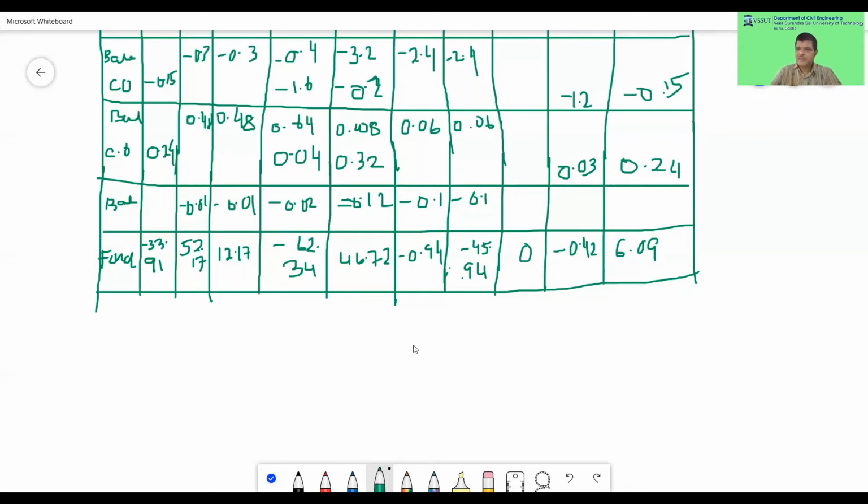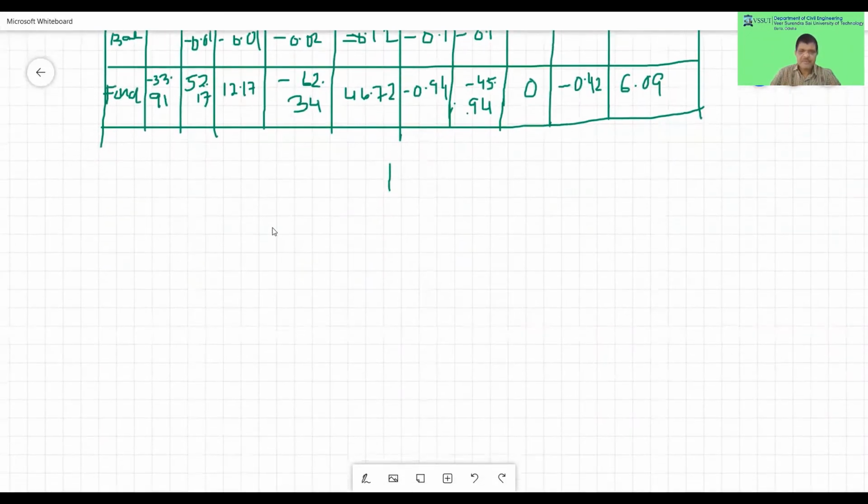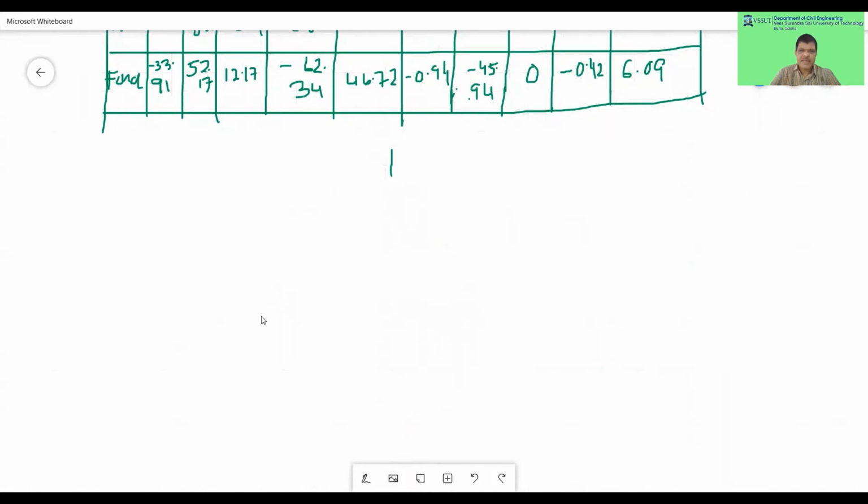Once we find these values, let us go to draw the bending moment diagram. To draw it, let us go to a different figure.